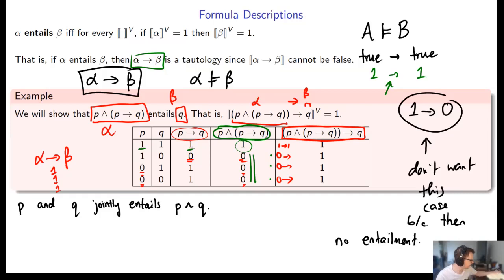This definition up here is used more for formal natural deductive proofs where you just assume line by line that things are true. And then you say like P and P arrow Q is true, therefore P is true, therefore P arrow Q is true.